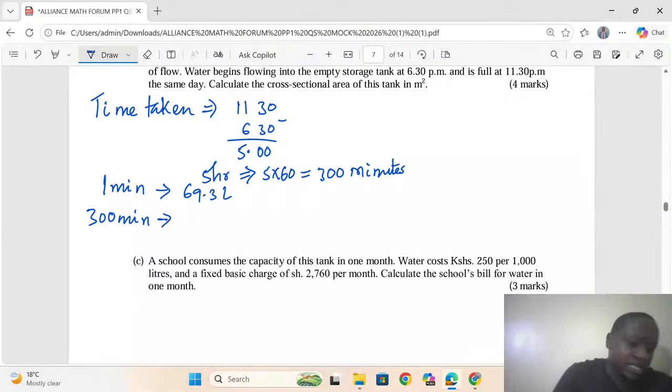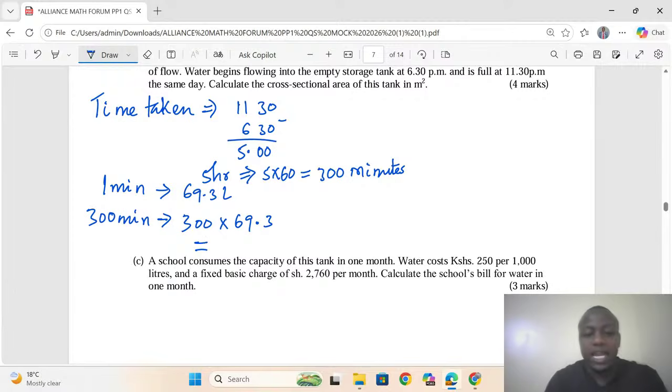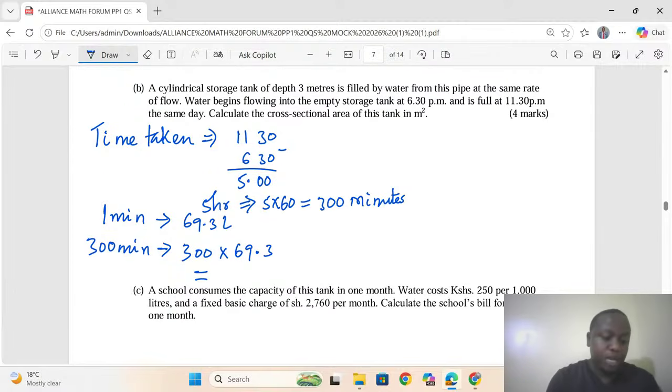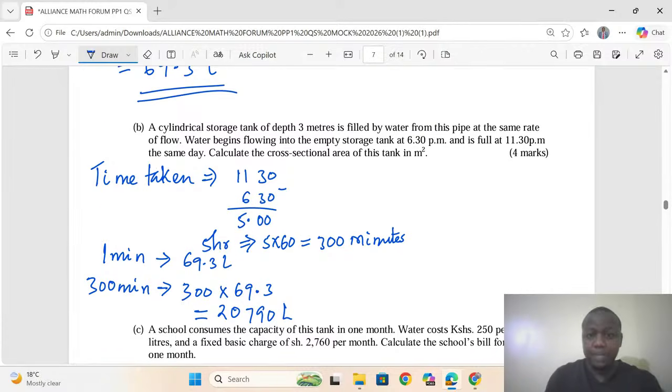It shall be 300 multiplied by 69.3. We multiply by 300 minutes. Therefore, it's 20,790 liters. This is the capacity of the tank which is being filled by the pipe. Now that you have the capacity, can we find volume?